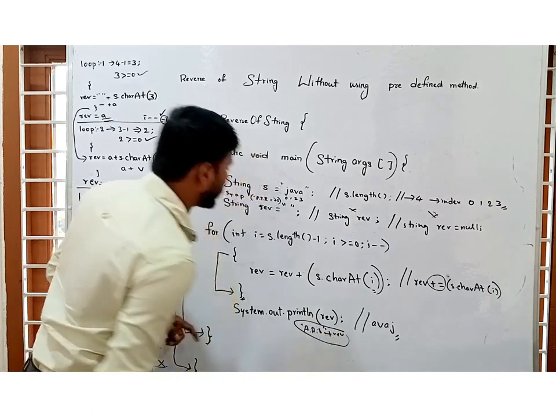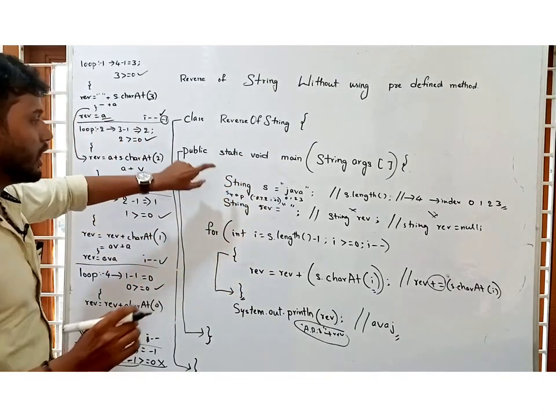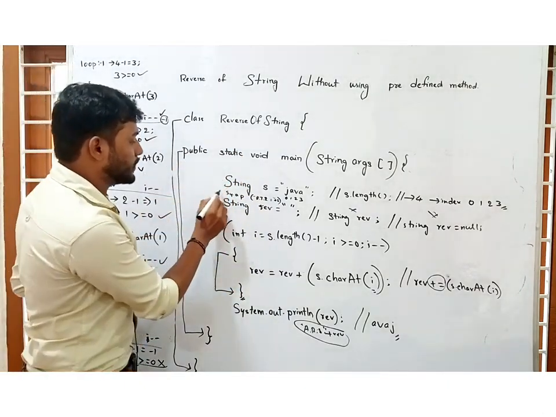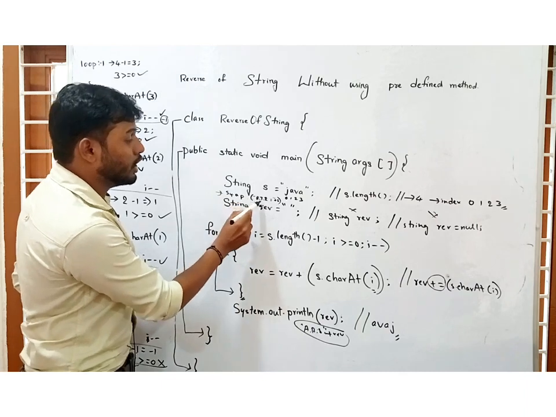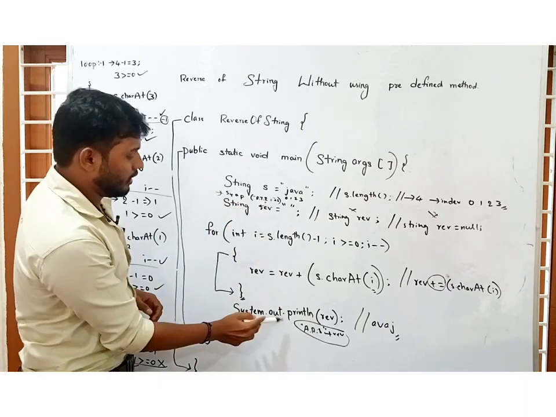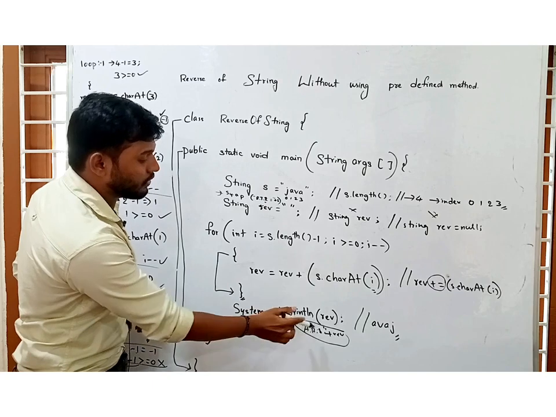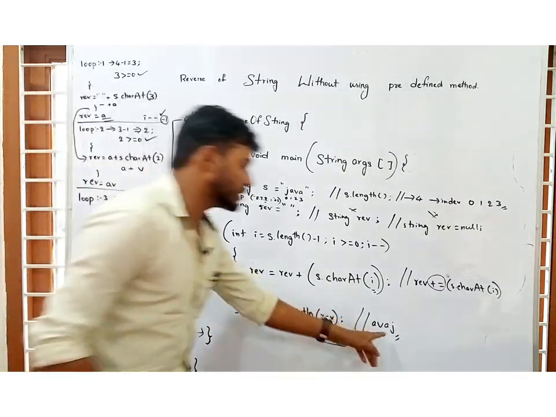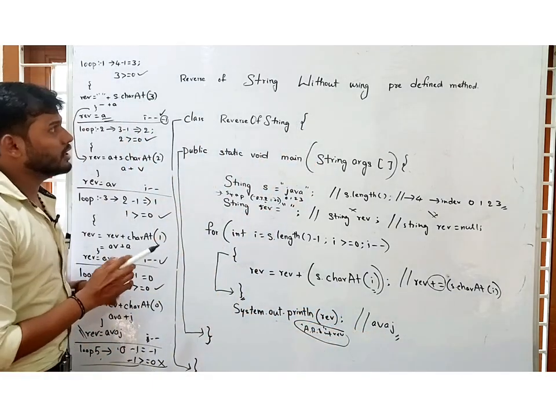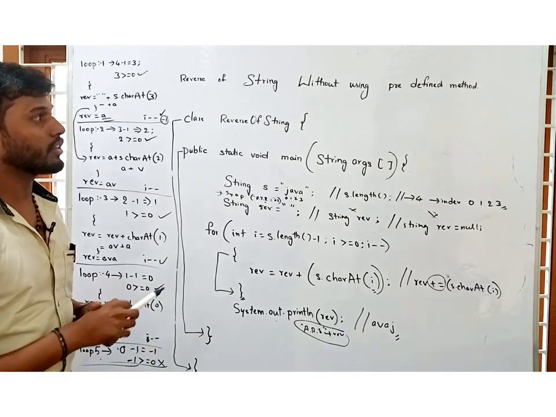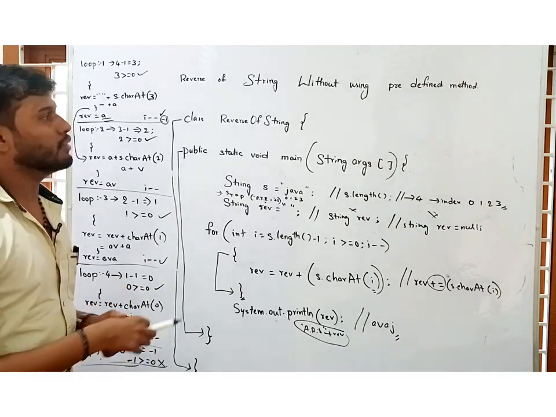So this is not mandatory. This is the program. If we need any separate high-level purpose, we go to the system.out.println before the reverse of string, and here after the reverse of string. So we are getting this as the answer. This is the program for reverse of string without using predefined method.